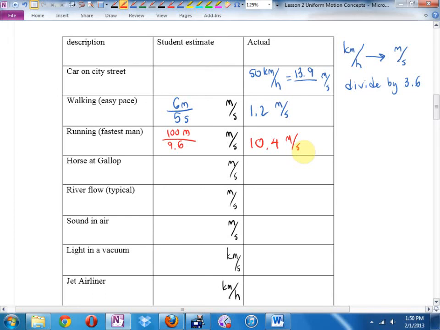How many kilometers per hour is that? Okay, you ready? Going to put our thinking caps on. If to go from kilometers per hour to meters per second, I divide by 3.6, what would I do to go in the other direction?